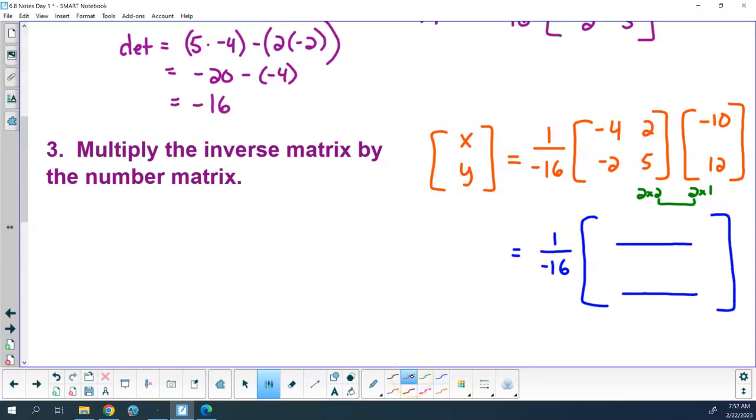So I'm going to take the top row, -4 times -10, plus 2 times 12 times the 1 column, so top row times the column. And then I'm going to have bottom row times the column. And so we're going to have that.